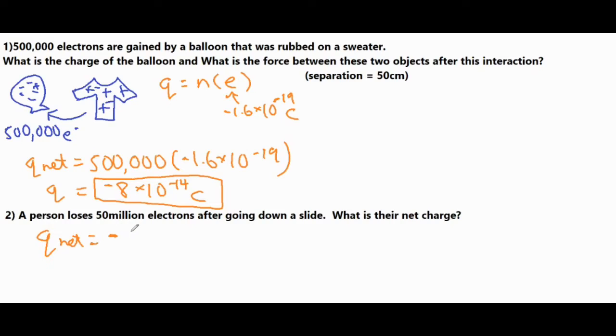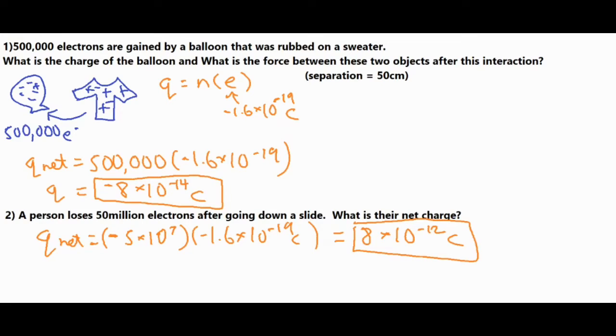So I'm going to put minus 5 times 10 to the 7th, keeping it in scientific notation. Because it loses electrons, we put the negative in front of it, and then again put that constant 1.6 times 10 to the negative 19th coulombs, the charge of an electron, multiply the two, and I get a positive net charge of 8 times 10 to the negative 12 coulombs.